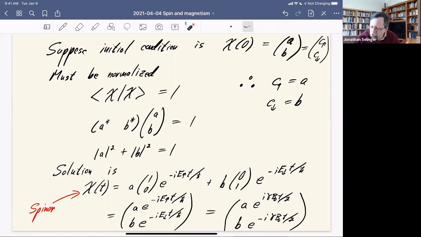So this is like the solutions to Schrödinger's equation that we've done earlier in the semester. Earlier in the semester, we had a wave function that depends on position and time. Here, we have something that depends on the spin coordinate and time. So it's not a function of x and t, but it's a function of spin and t.